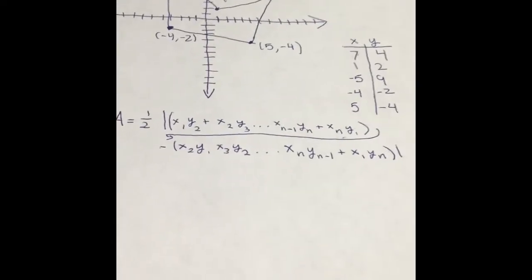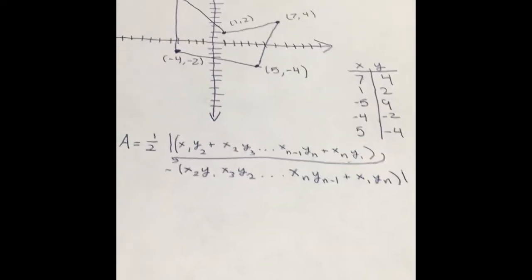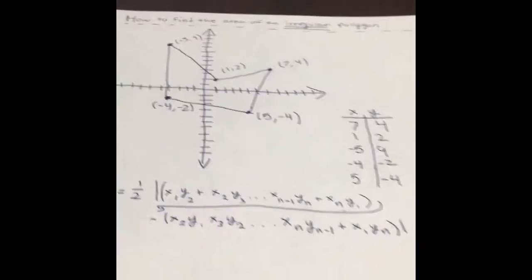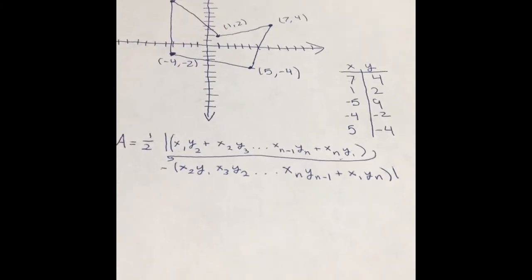And for the second part of the equation, it's basically the opposite. It's y1 times x2 plus y2 times x3. It follows the same order. So those are your two parts of the formula.